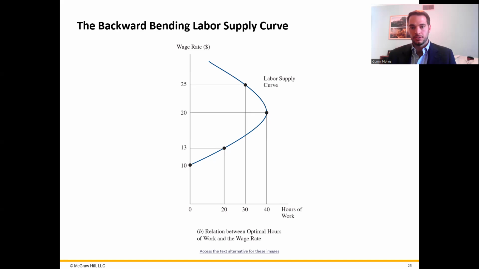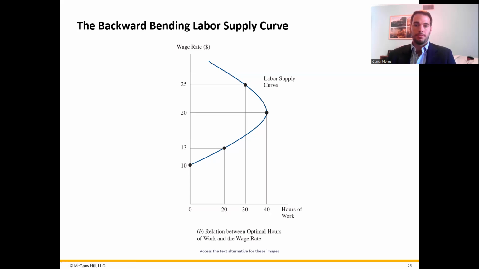So here we see the supply curve sloping backwards. So starting out, this bottom part of the curve, as wages increase from 10 to 13 to 20, workers are more than happy to work more hours. It's worth it. But eventually, at a high enough wage, they start to cut back on their hours worked and enjoy more leisure. It becomes relatively more valuable.